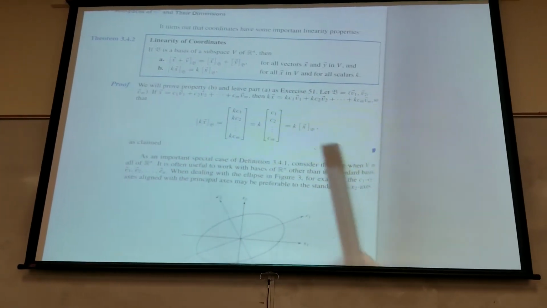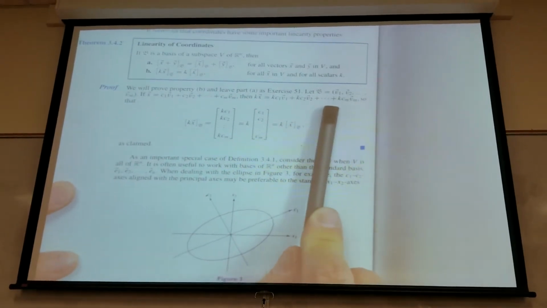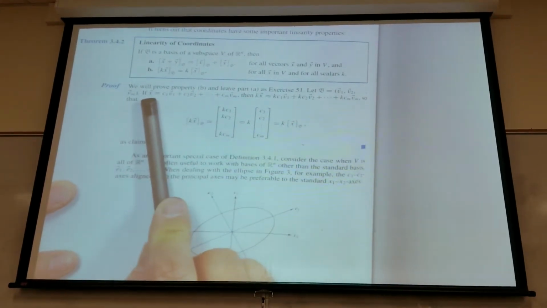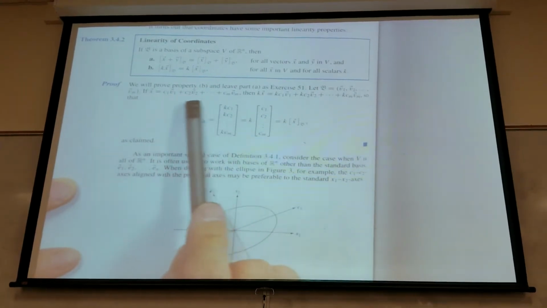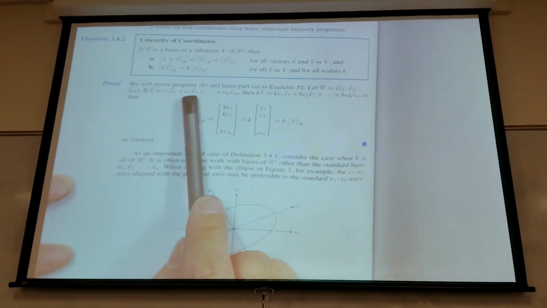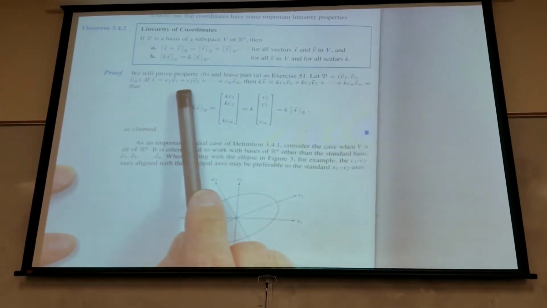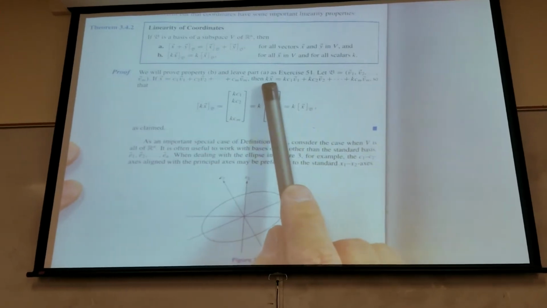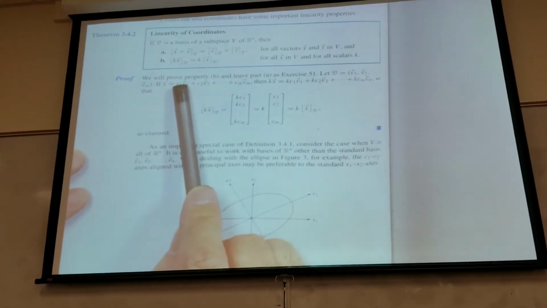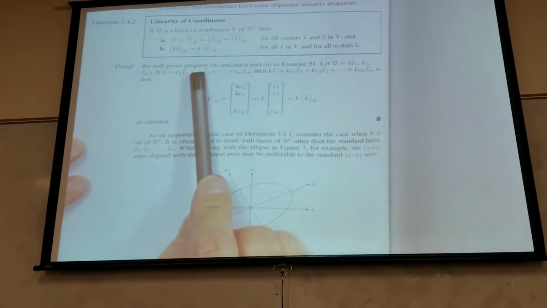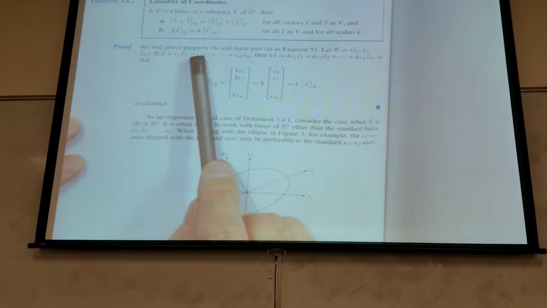So the proof is straightforward. So suppose your x is C1v1 plus C2v2, so I'm going to stop at m equals 2. Then if you multiply this vector by k, you just multiply the right hand side by k. That would be kC1 v1 plus kC2 v2.